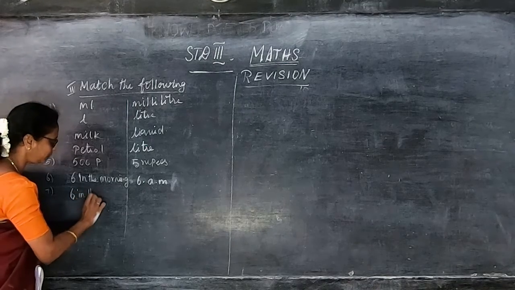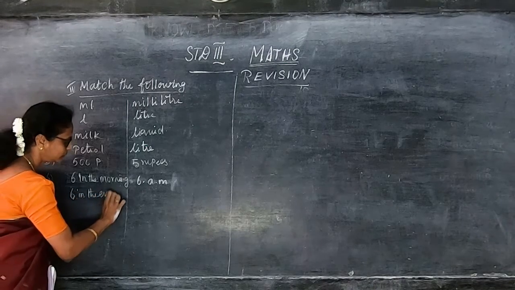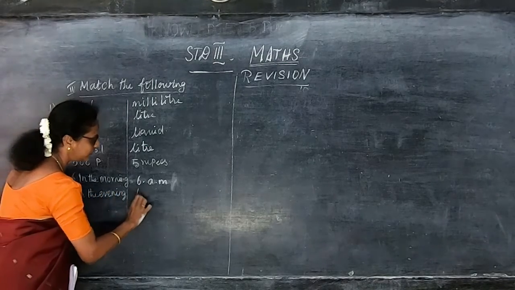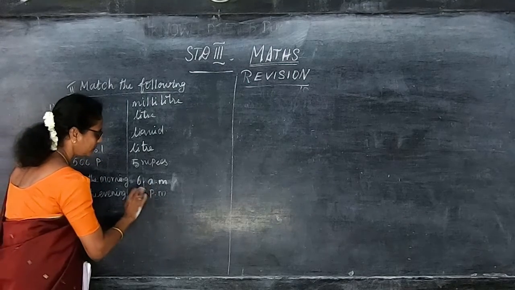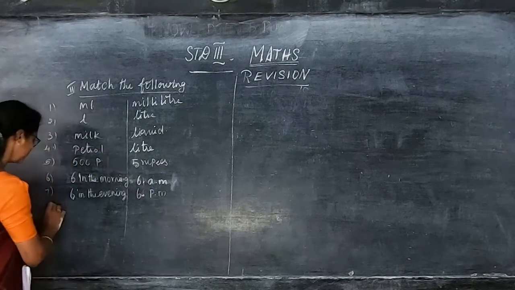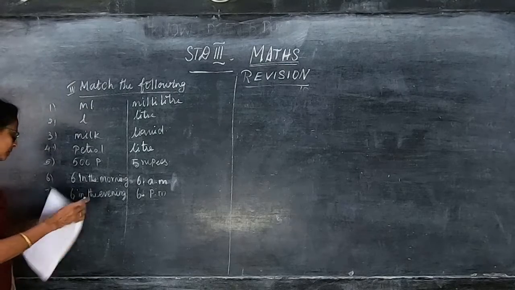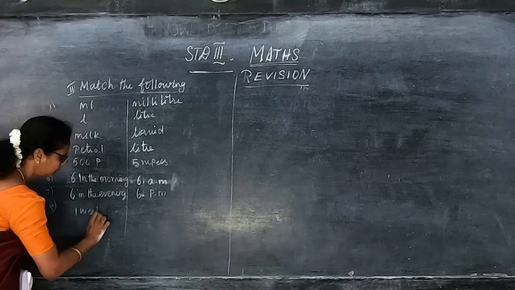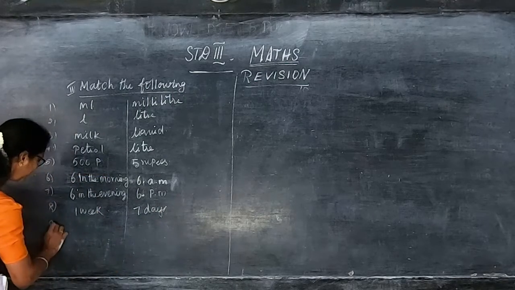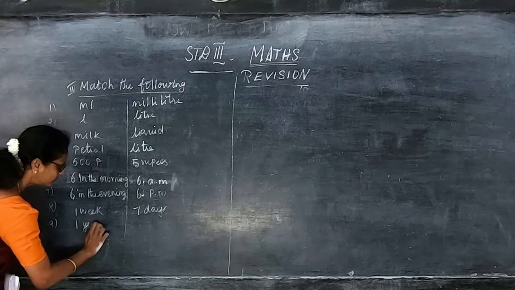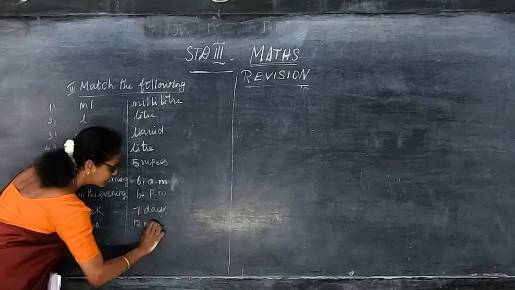Then 6 in the evening is 6 p.m. Then 1 week is 7 days. Then 1 year is 12 months.